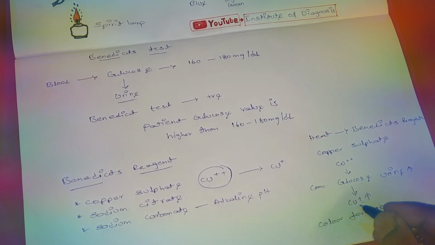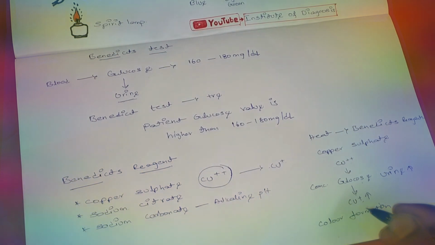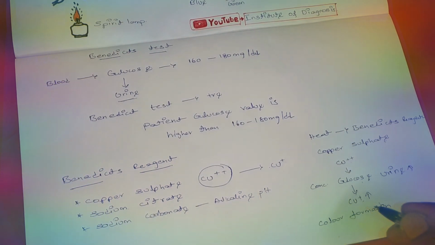And these Cu+ ions will form like a precipitate. Based on the concentration, we can observe different types of colors.